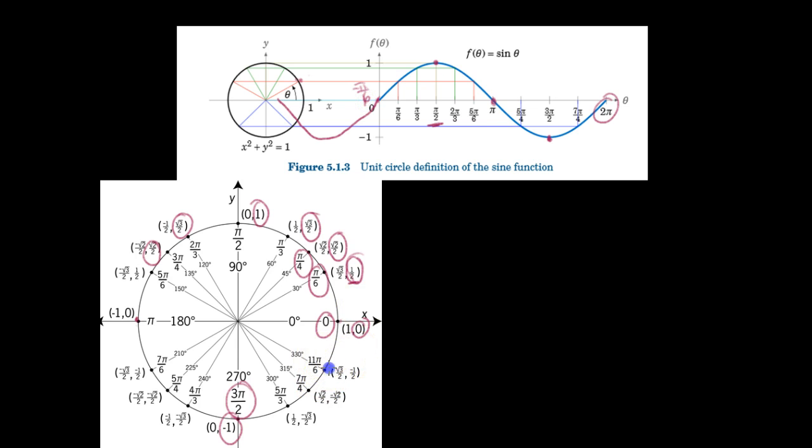It's equivalent to 11 pi over 6. So 11 pi over 6 is at -1/2. So by symmetry, you can see that it just continues on with these points. The graph is periodic, so it continues. The period of this is that it returns and does one full rotation in 2 pi radians.